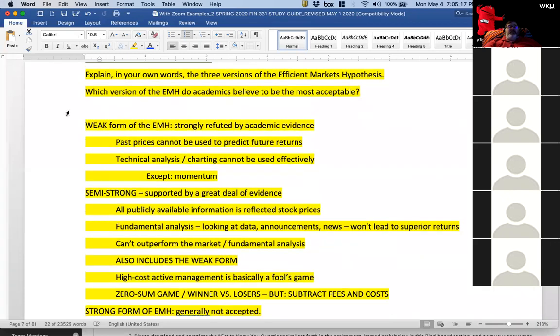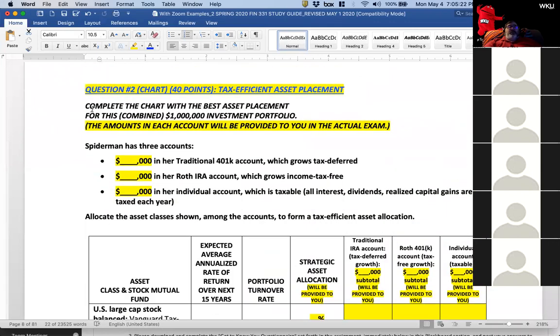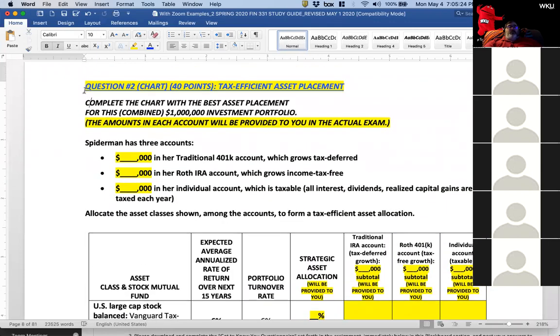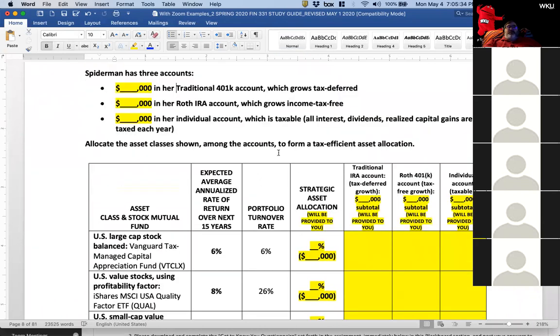But let me come back to the efficient markets hypothesis question and go to this question on tax efficient asset placement. This is the actual question that's going to be seen, but the amounts will vary. There's going to be so much in the traditional IRA, a tax deferred account, so much in a Roth account, which is growth tax free, and so much in the taxable account.